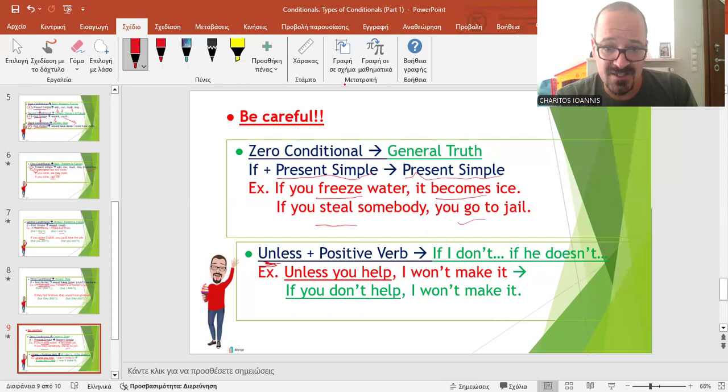Which means that unless you help means, you can see it here underlined, if you don't help, I won't make it. Be careful, I use the same subject. Unless you help means if you don't help. If it was like, unless he helps, that would be if he doesn't help, right?